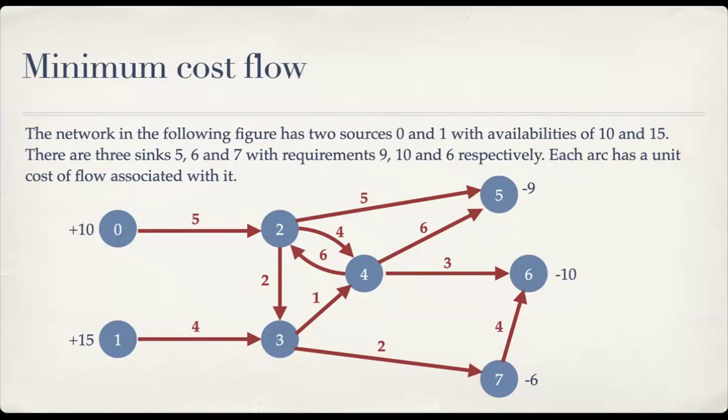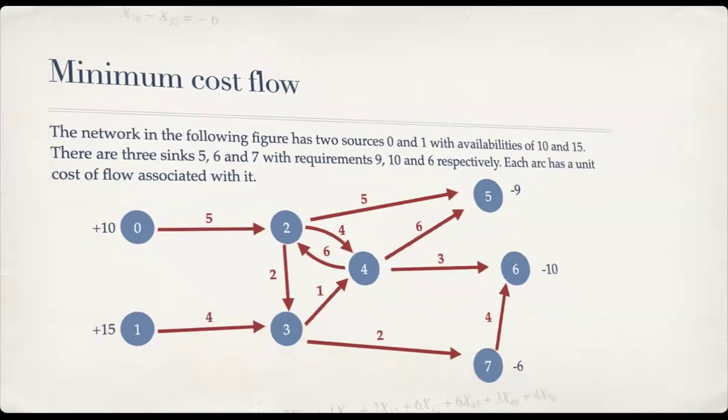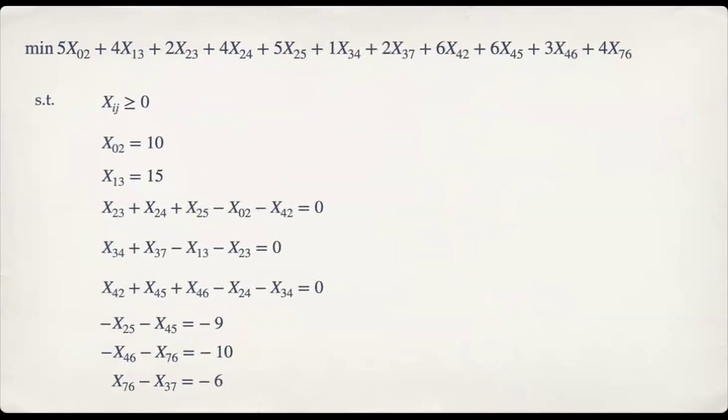The decision variable we use here is xij, where i stands for the source and j stands for the sink.